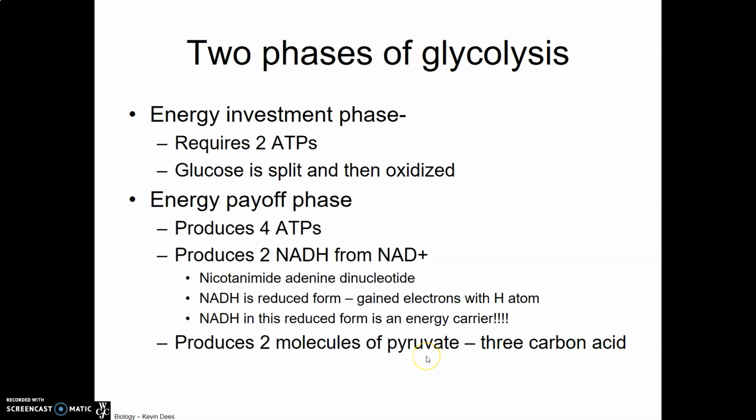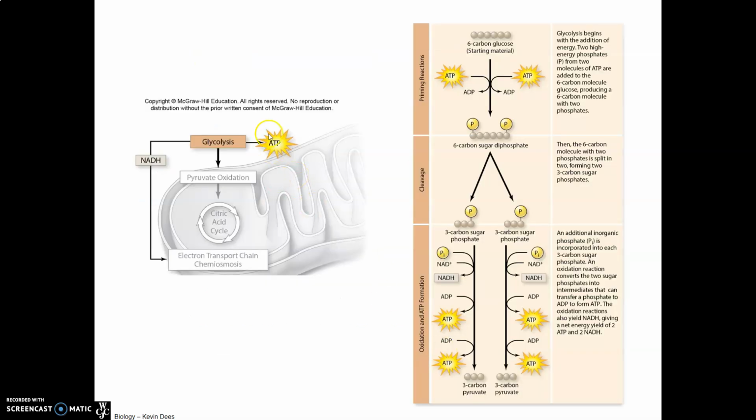Now let's look at this diagrammatically and remember that glycolysis is going to occur out here, out in the cytoplasm, outside of the mitochondria. And so here we see our 6-carbon glucose. Now remember that the glucose sugar occurs in a ring, but we're just illustrating it here with these 6 balls representing the 6 carbon atoms.